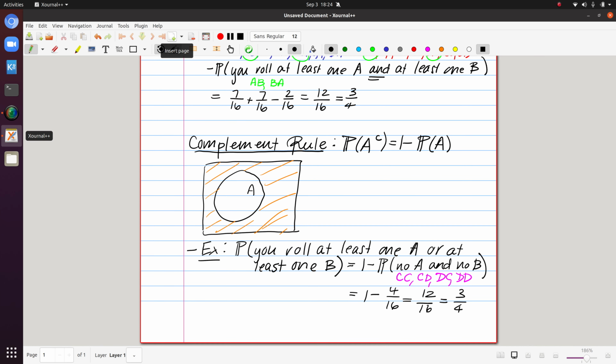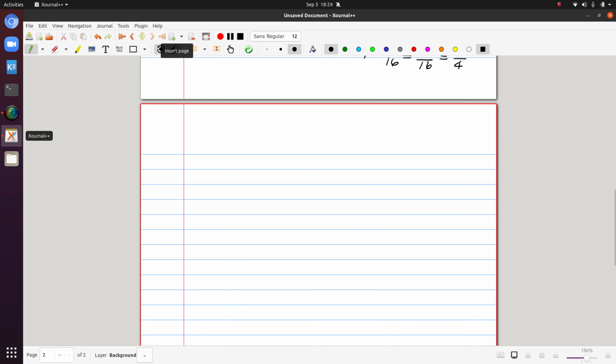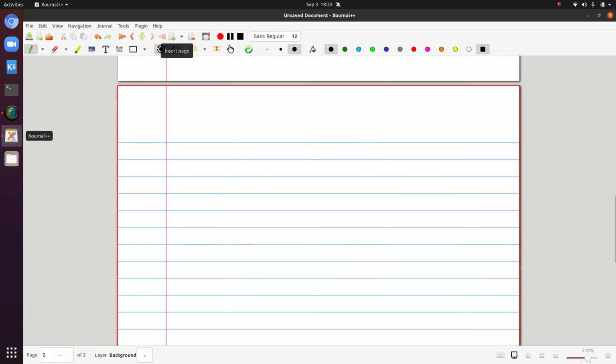And in terms of starting to think about the and relationship between events, this leads to a discussion of what is called independence.